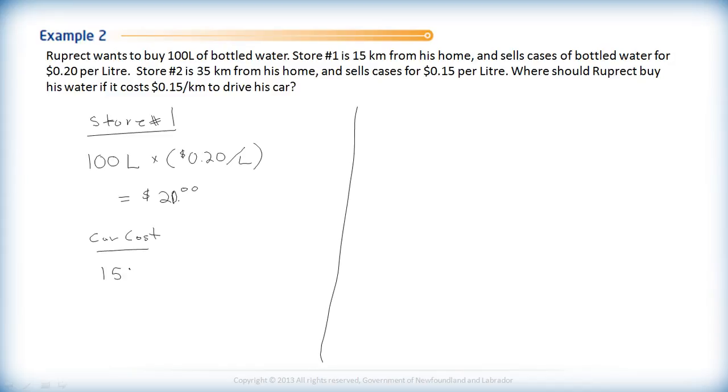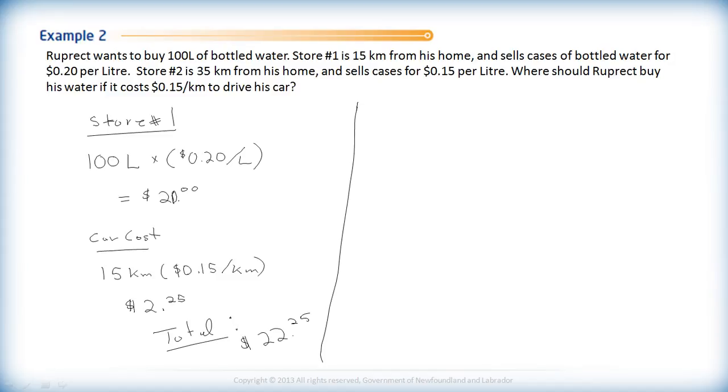So we'll take our 15 kilometers and multiply by our rate, 15 cents per kilometer, which is going to be $2.25, I believe, if I'm not mistaken. So 15 times 0.15 is $2.25. So in total, if Ruprecht buys his water at store number 1, it's going to cost him $22.25 for 100 liters of water.